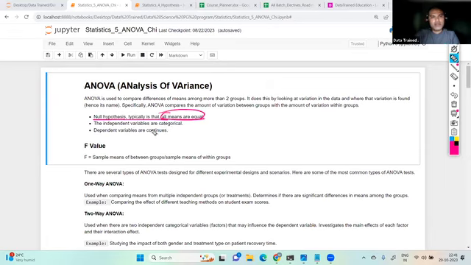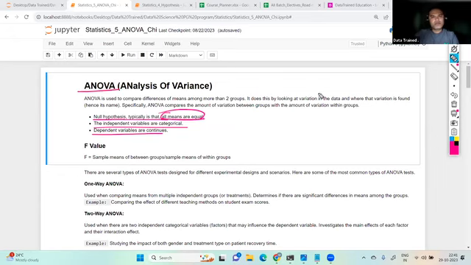That is typically the null hypothesis. Independent variables are categorical. Dependent variables are continuous. Right.